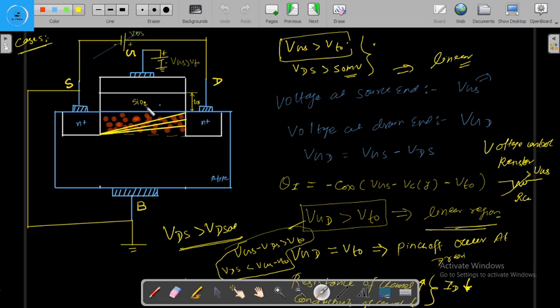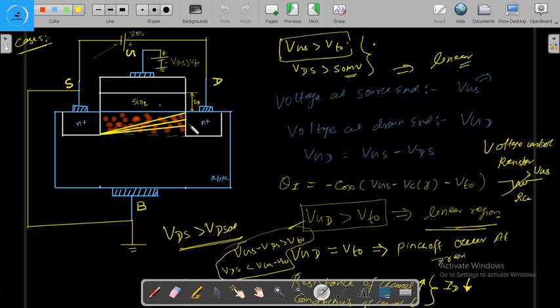As long as this voltage VGD is greater than VT naught, only the shape of the channel becomes tapered, and the resistance of the channel increases. Due to this, the conductivity of the channel decreases, and hence there is a bend in the ID-VDS curve, right?